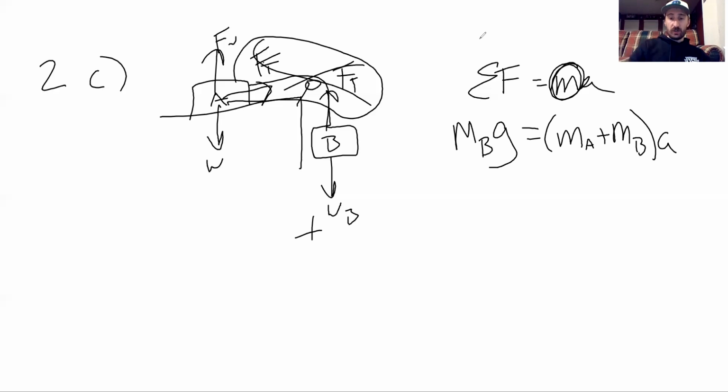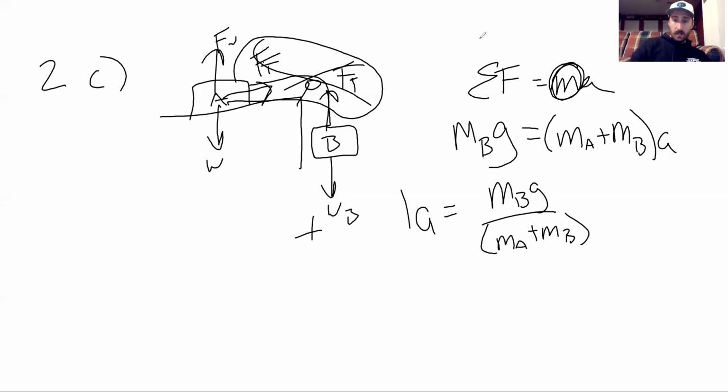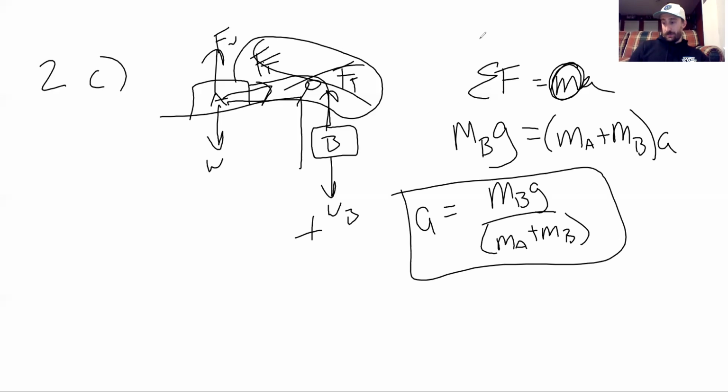They want you to solve for acceleration, and you get mBg divided by that quantity, mA plus mB. There's your equation.